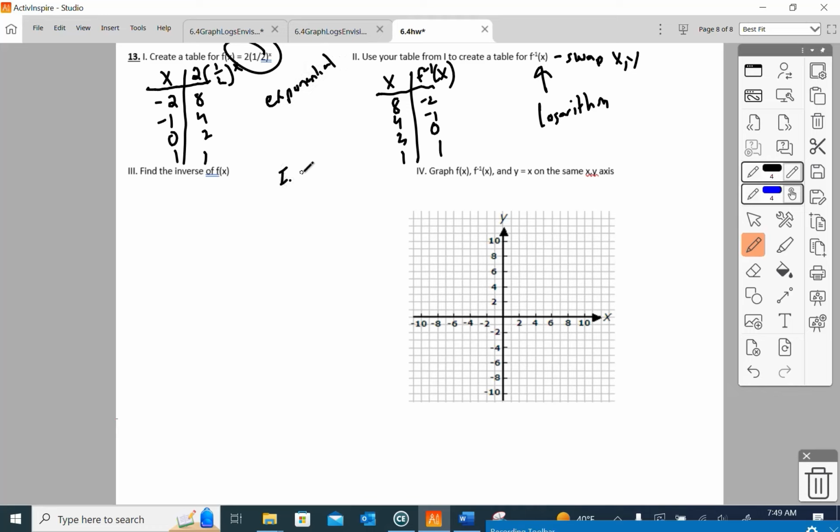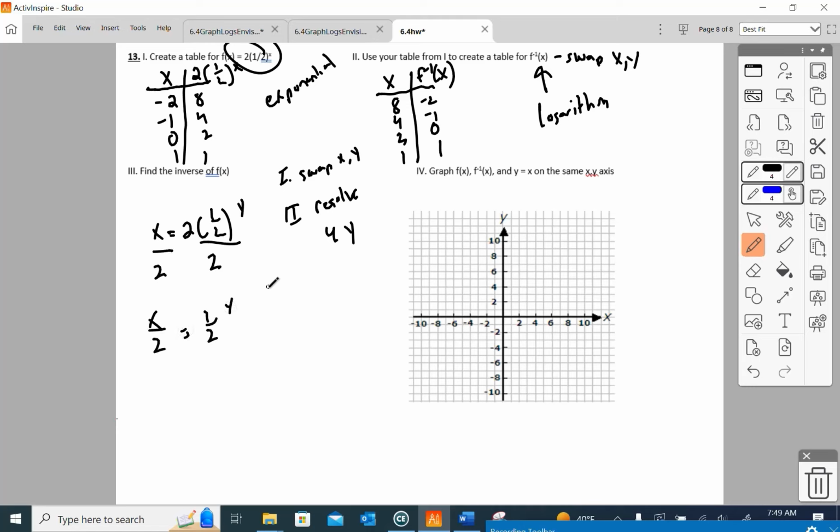The first step is to swap x and y. So this y becomes x, and this x becomes y. Part 2 is to resolve for y. I'm going to have to divide out my 2 first. x over 2 equals 1/2 to the y.